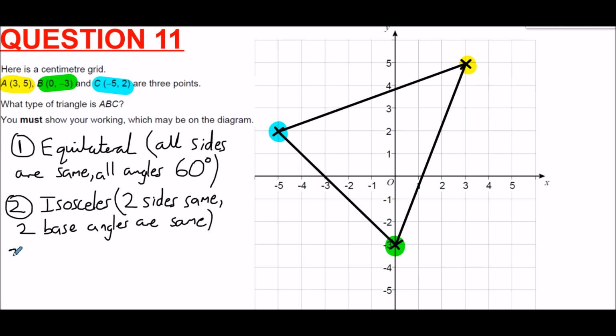The third type of triangle is called a scalene triangle. S-C-A-L-E-N-E. That means no sides are the same and no angles are the same.